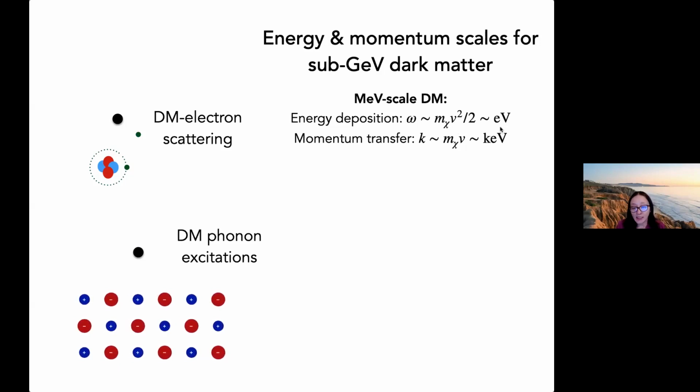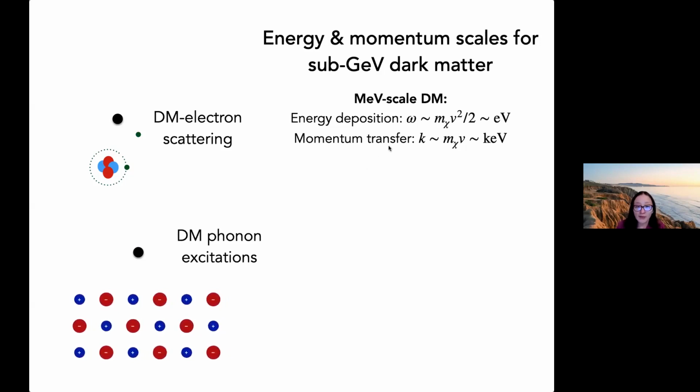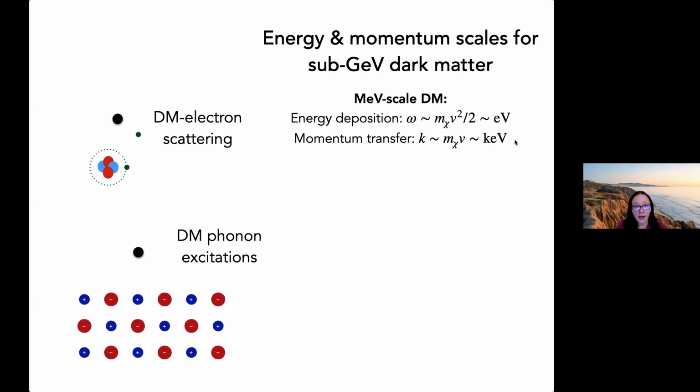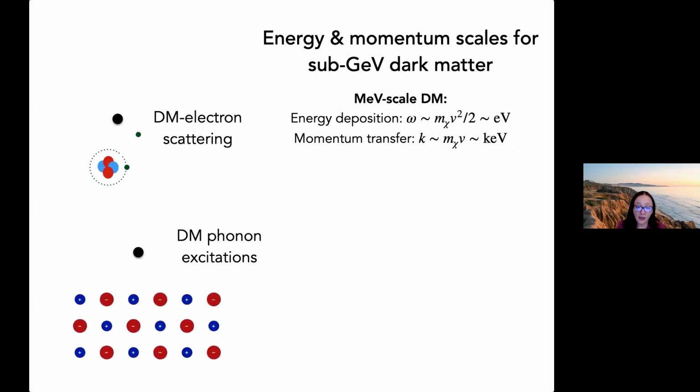And for a good kinematic match, we would also be transferring an amount of momentum similar to the initial momentum of the dark matter, mv, which would be about a keV. You can then compare that with different targets and the energy and momentum of the available excitations.